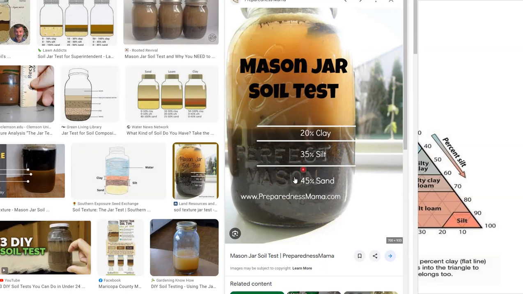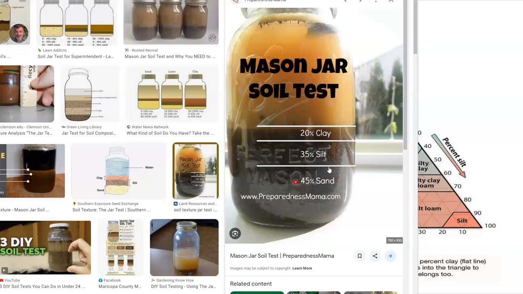So you allow it to sit for 24 hours, and usually within the first 10 to 15 minutes or sooner, all of the sand has settled out, because it's larger particles, they're heavier, they will settle quickly. Within the next hour, 2-3 hours, the silt will settle out. And then within the remainder of that 24 hours, for the most part, the clay should settle out, but you can see there's still some suspended in here.